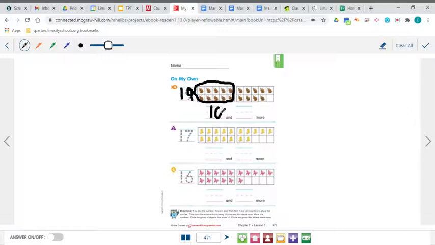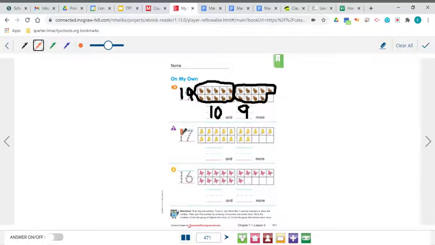Now you know that if every spot in your 10 frame is filled up, then that's 10, right? Now go ahead and circle the 9 extra ones. The 9. And write the number 9. So when you take apart 19, you can make 10 and 9 more. That equals 19. Let's do a few more for practice here.